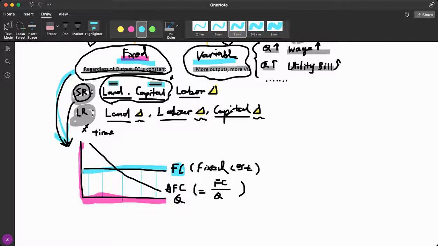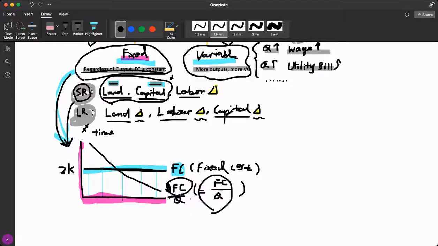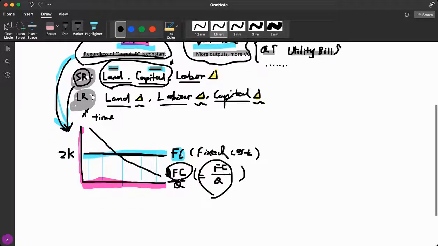And how about the average fixed cost? So to calculate the average, it is simply a middle school algebra question. We divide the total by quantity, and that'll be the average fixed cost. But the question is how it will look on an economic diagram. So the total fixed cost is a fixed number. And if the quantity is getting bigger and bigger, the final average will be smaller and smaller, right?